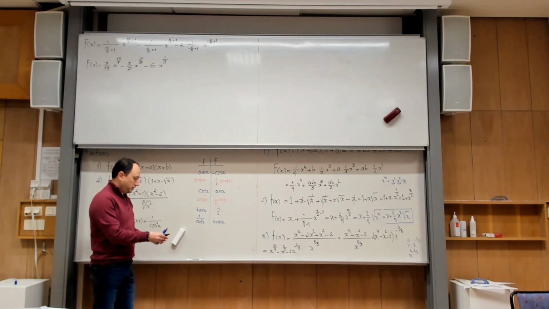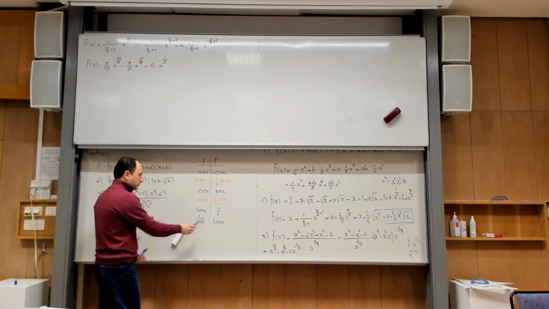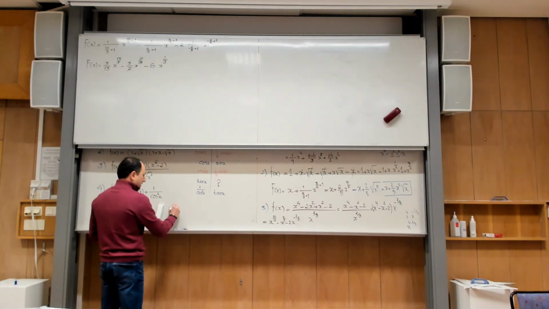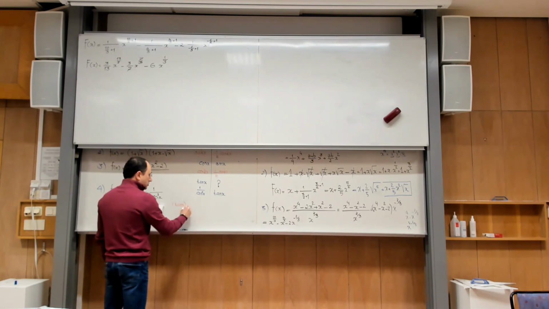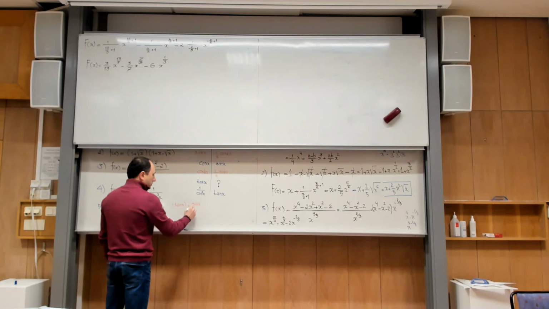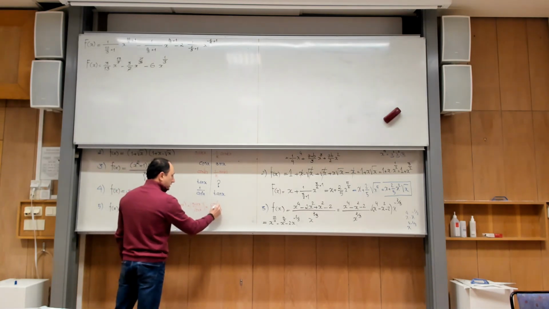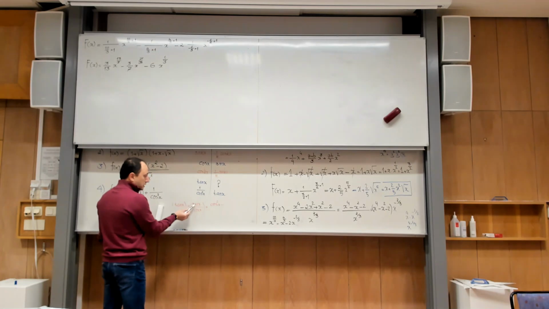Do you remember? When we were talking about derivatives, I told you to calculate the derivative. Let me just repeat that part. Tangent of x, if I ask you to differentiate it, you have to write it as sine x over cosine x, and then use the quotient rule for derivatives. It becomes the derivative of the numerator, cosine, multiplied by the denominator, which is also cosine, so it becomes cosine squared x, minus the numerator multiplied by the derivative of the denominator.